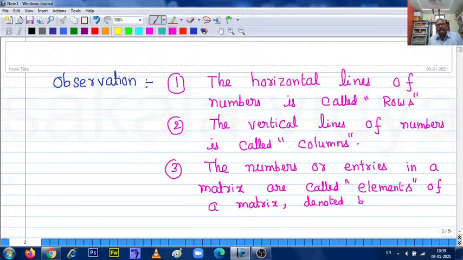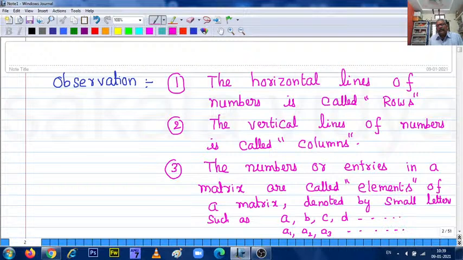Generally they are denoted by small letters such as a, b, c, d and so on, or a1, a2, a3 and so on.